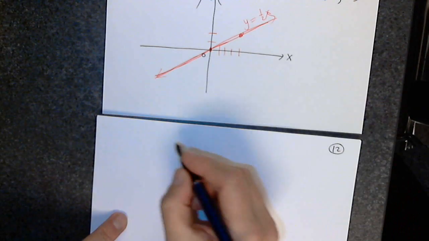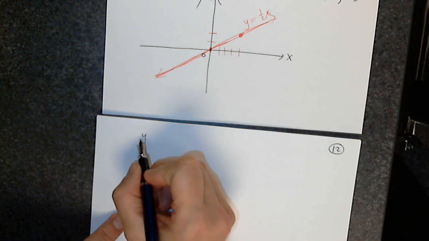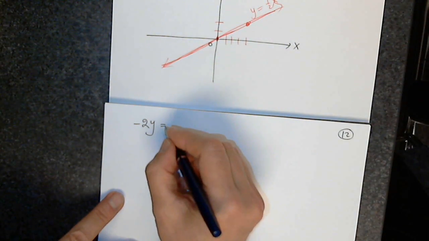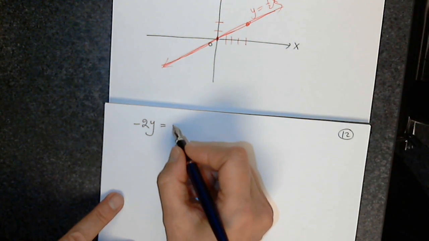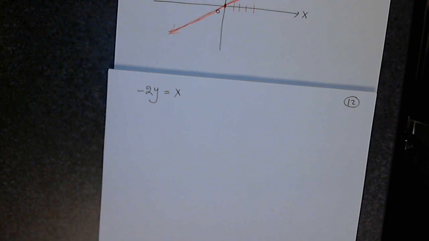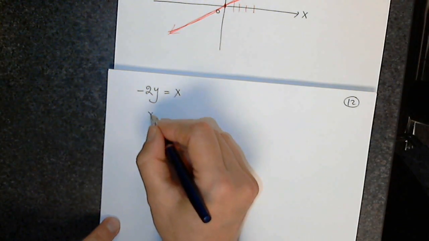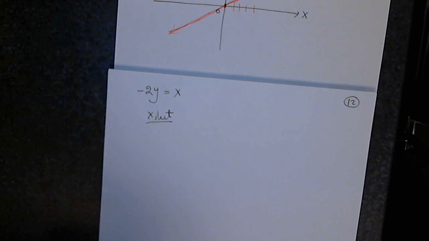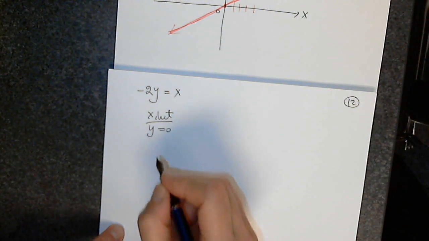So let's say we want to graph negative 2y equals x. Okay. So the x-intercept. How do I get the x-intercept? I make y equals 0.